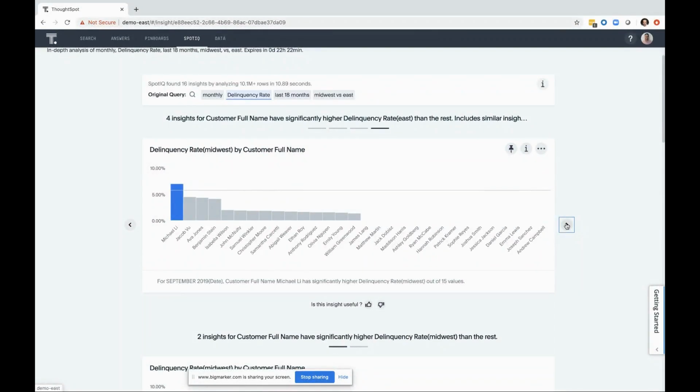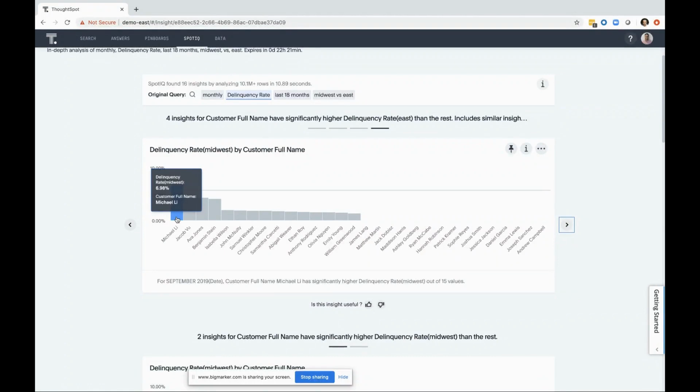Now, as I was looking at this, I saw Michael Lee coming up again. And this is interesting because I was talking about trends or troublesome customers, those who repeatedly abuse the services or offers that might be given to them, or if you want to see other specific outliers with specific data points.